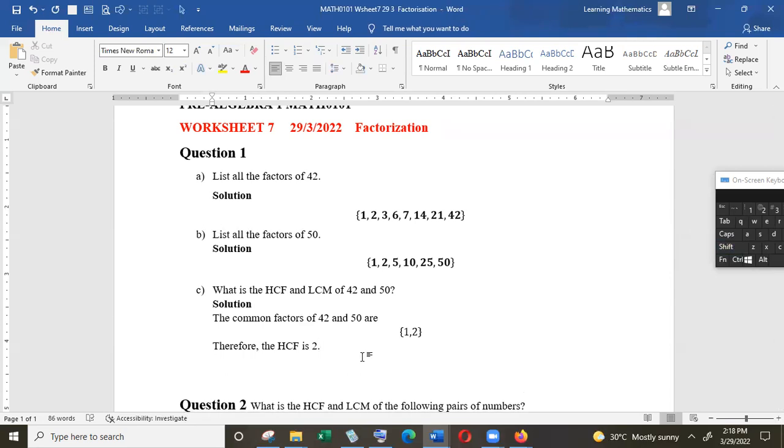This can easily be achieved by finding the prime factorization of 42.